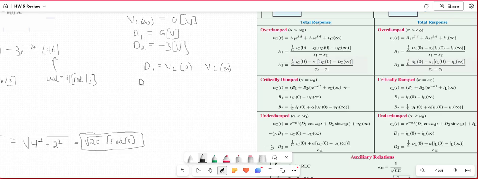Rearranging for VC of 0, D1 plus VC of infinity equals VC of 0. VC infinity is 0, so D1 just equals VC of 0, and D1 is 6. Oh wait, VC of 0 equals 6, my bad.